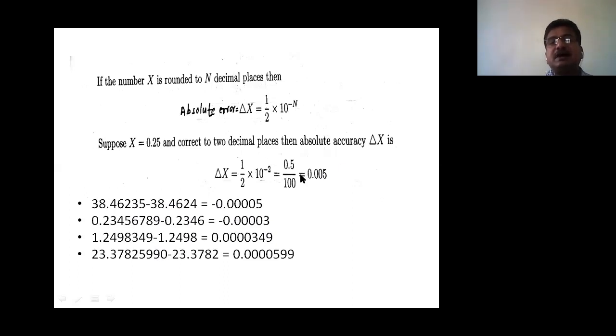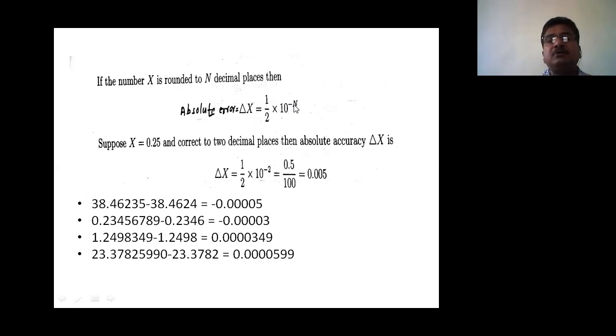So actually this is the upper limit of the error, or we can call it absolute error. So what is the absolute error? The number is rounded to n decimal places, and the upper error, or absolute error, that is denoted by delta x, is 1/2 10 raised to minus n. So by using this formula, if we count the absolute error, if the number is rounded to 4 decimal places, then we have the answer 1/2 10 raised to minus 4.